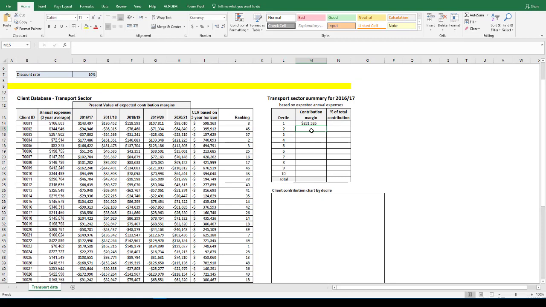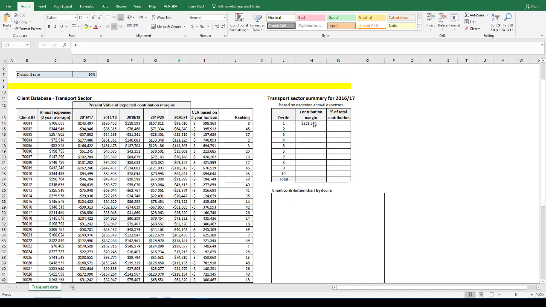Yes, $851,000 for client number 1, contribution, decile 1, in the year 2016 and 17, like 1 year. It means that the first 5 customers, the first 5 customers with the highest CLV have this much contribution margin in the year 2017.